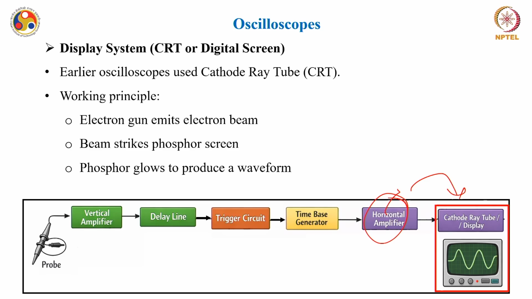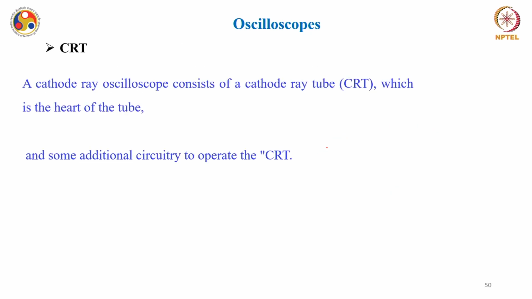Since this is a spot created by a very sharp electron beam, it looks like a glowing spot on the screen. So a cathode ray oscilloscope, as the name suggests, consists of a cathode ray tube, which is the heart of this particular system, and some additional circuitry to operate this CRT.